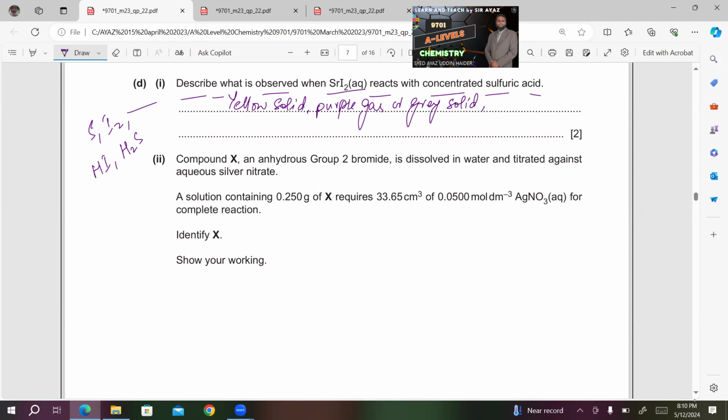It gives misty fumes. So I will write misty fumes. What about hydrogen sulfide? It gives a rotten egg smell. So you write rotten egg smell. And you will also get a white precipitate.